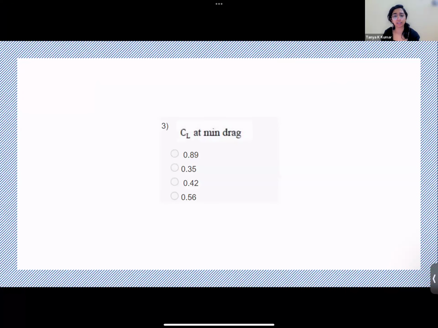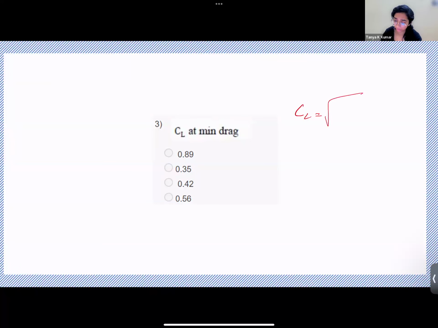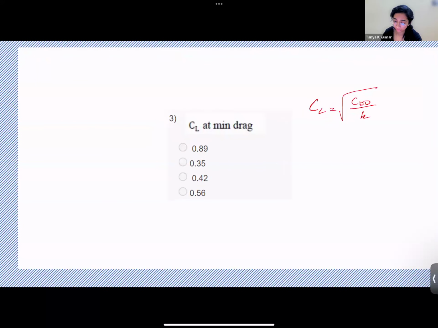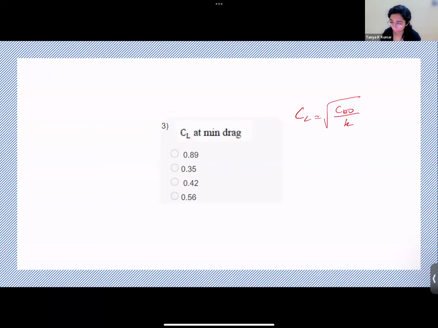CL at minimum drag. We just computed this, right? So CL at minimum drag is just under root CD naught upon K, which we just calculated to be 0.55, so 0.56, this is the one. What is the CL at minimum power? What would the equation be?